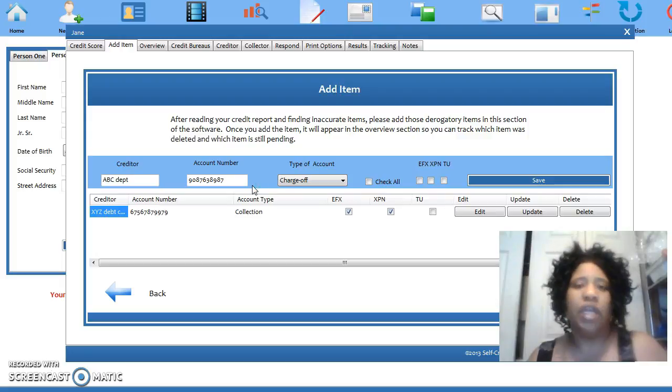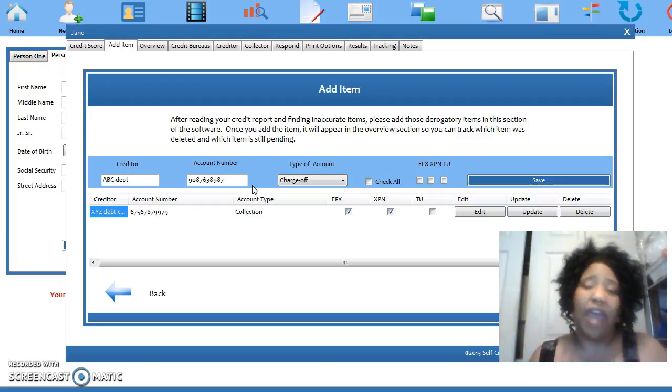Remember, I told you, lenders or creditors are not in the business of running after you to collect on that account. They're only going to give you a time period, which is 120 days. And after that 120 days, they are looking to write that account off and sell that information. So you need to know this.